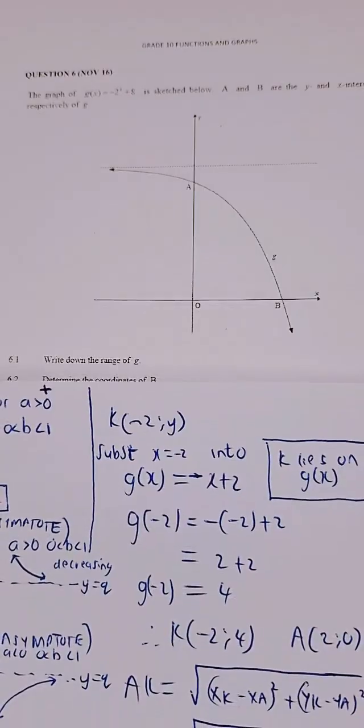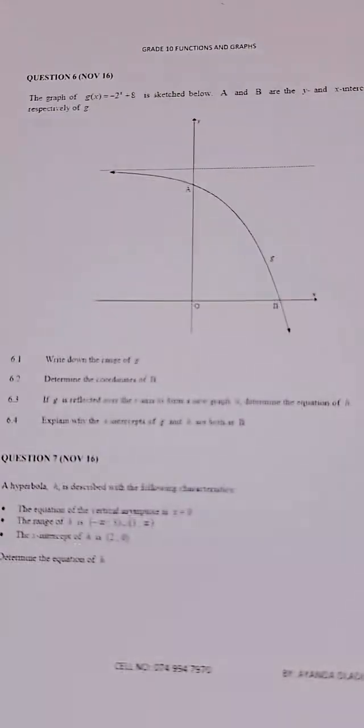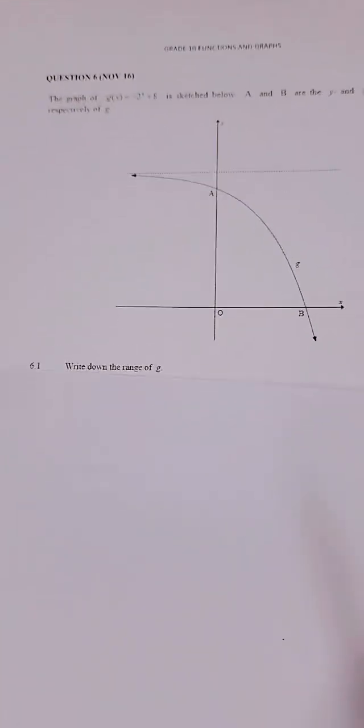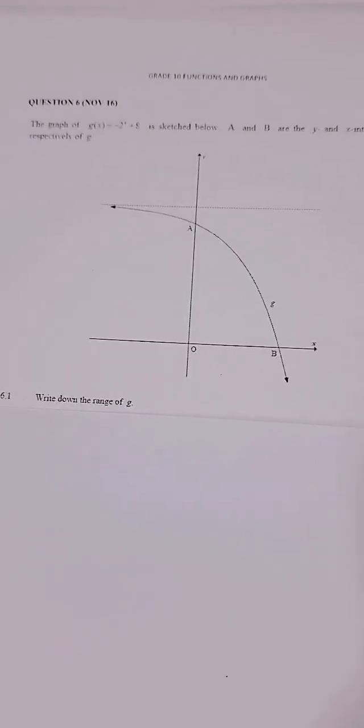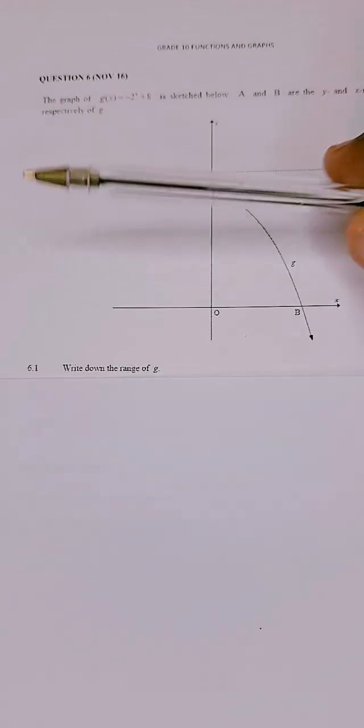Write down the range of g. Range means the possible y values where the function exists, from the bottom to the top. So where is the function existing?